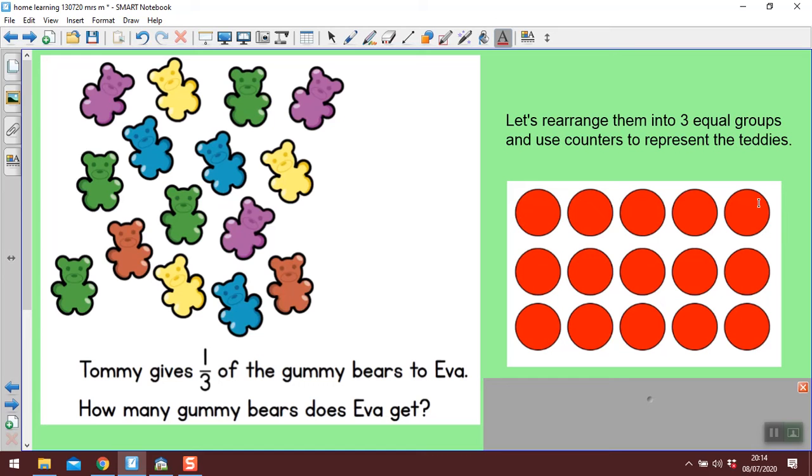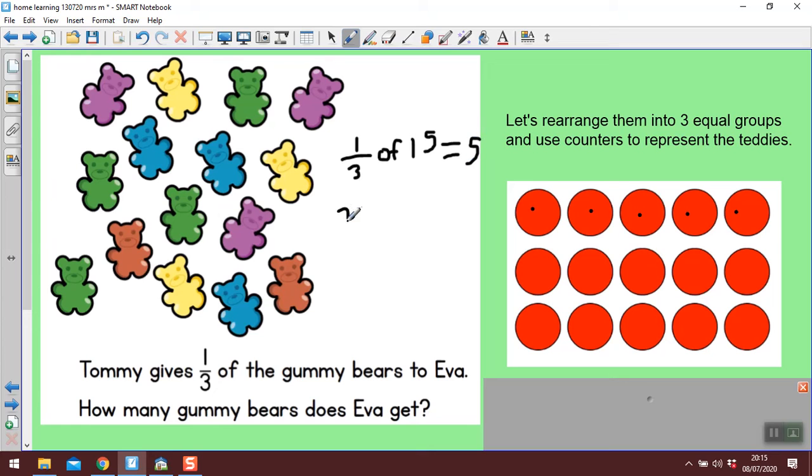So I want to just have a look at one of those groups. So we have got 1, 2, 3, 4, 5. So 1/3 of the teddy bears is the same as 5. We have got 15 bears altogether. So 1/3 of 15 is 5.